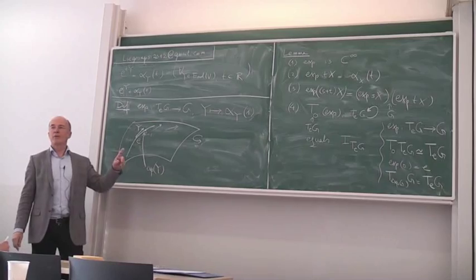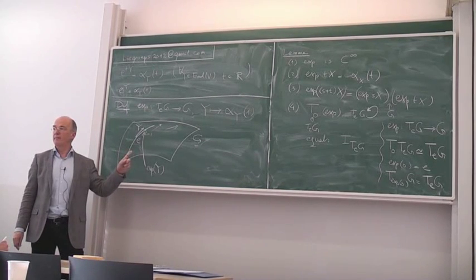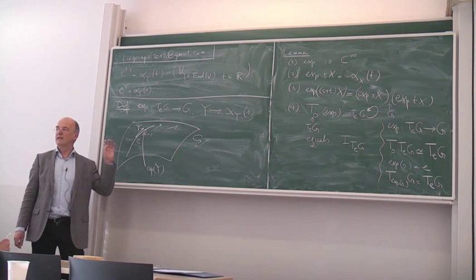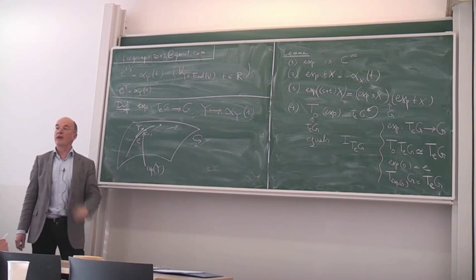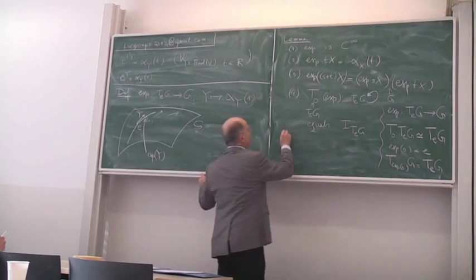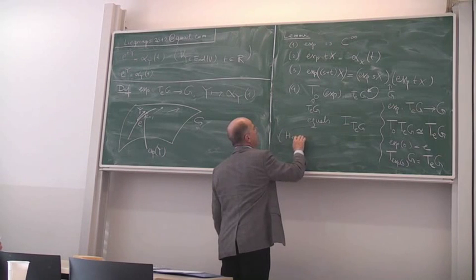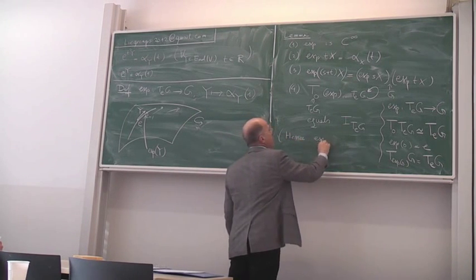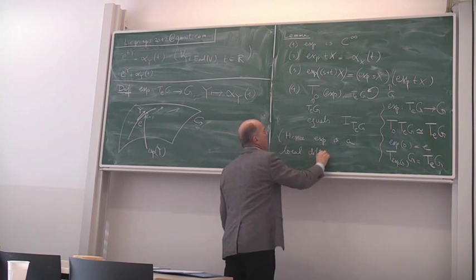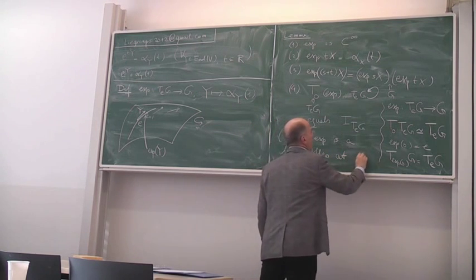And so in particular, by application of the inverse function theorem, this means that the exponential map is a local diffeomorphism, so it's a diffeomorphism from a suitable neighborhood of 0 in the tangent space to a suitable neighborhood of the identity element in G. So hence, the exponential map is a local diffeomorphism at 0.